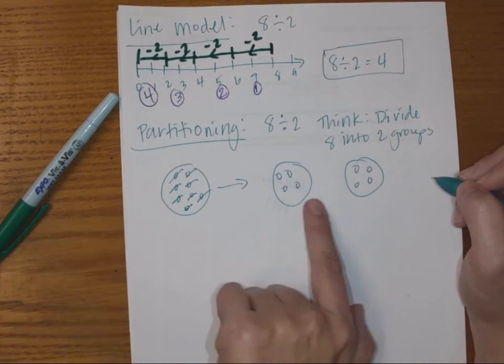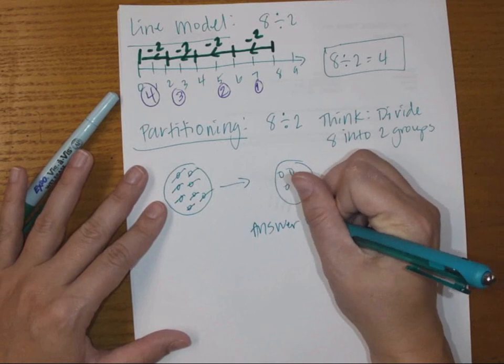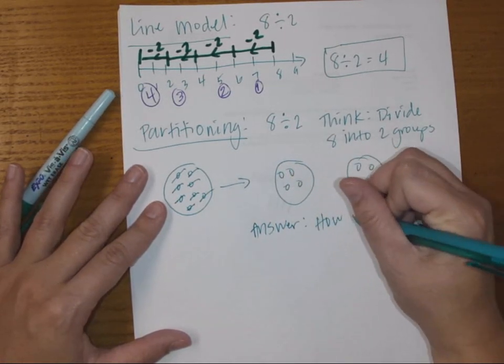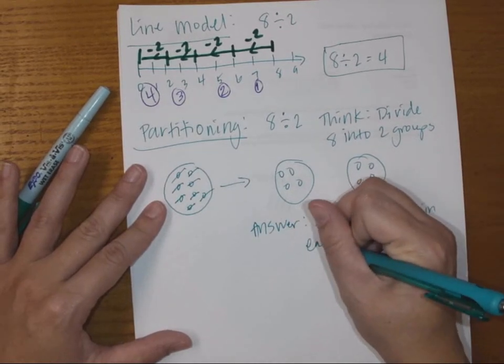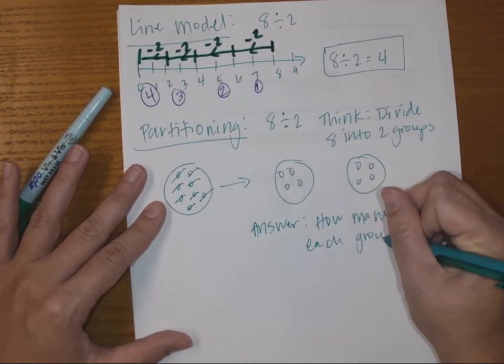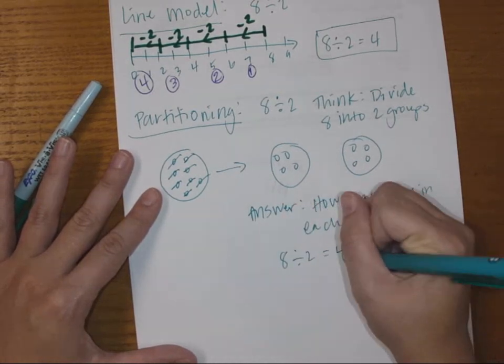So I divided my 8 things into 2 different groups. Your answer is how many are in each group. So in this situation, there are 4 in each group. So 8 divided by 2 equals 4.